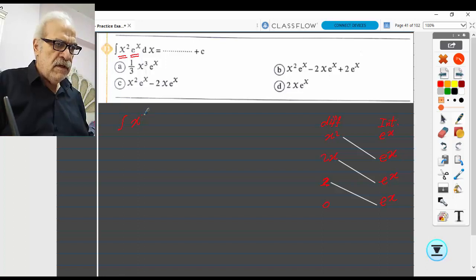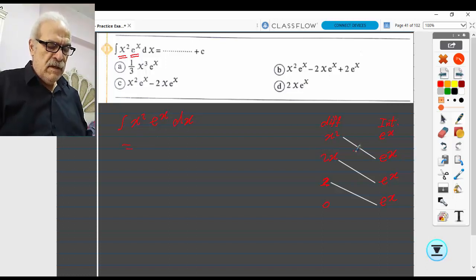The integration of x square e power x dx equals, okay, here we start with positive, then negative, then positive.